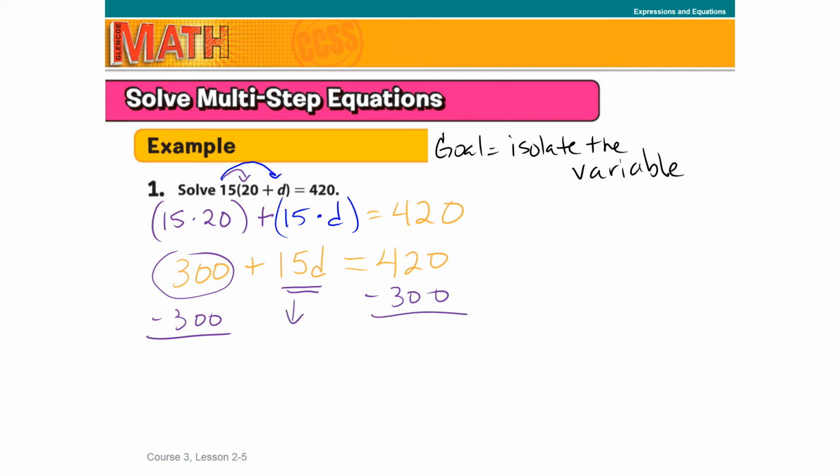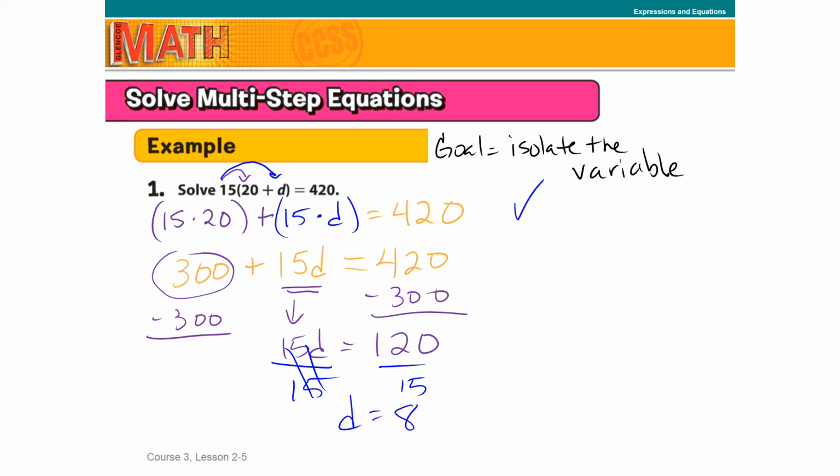So I'm left with 15 times d equals 420 minus 300, which will give me 120. Divide by 15. And that should give us d is equal to 8.